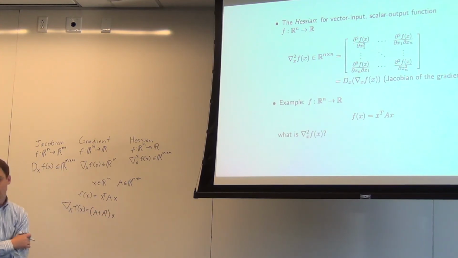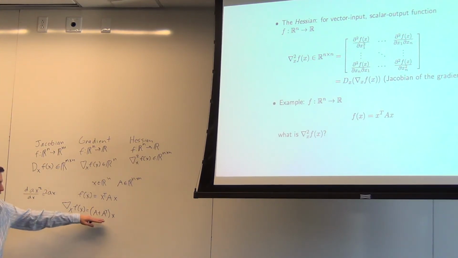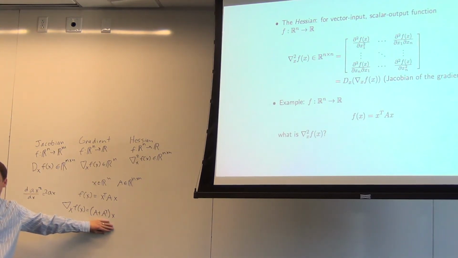That's the matrix analog of the case that, if you have something like ax squared, then the first derivative would be equal to 2ax. This is the matrix version of that. So what's the Hessian then? This is the gradient. Any ideas?